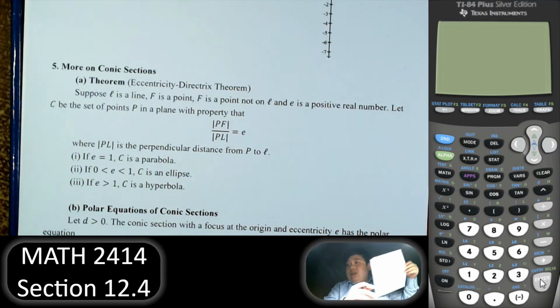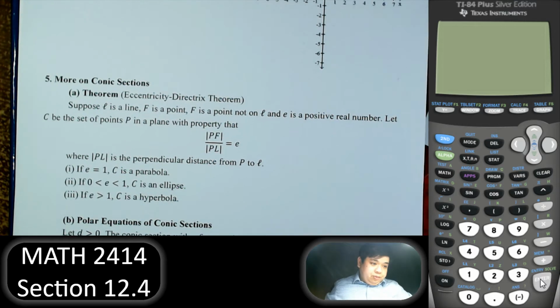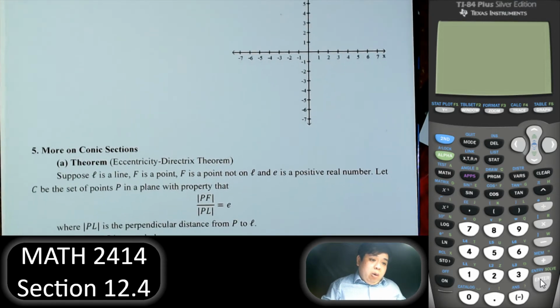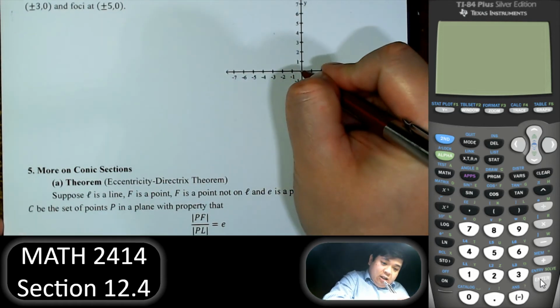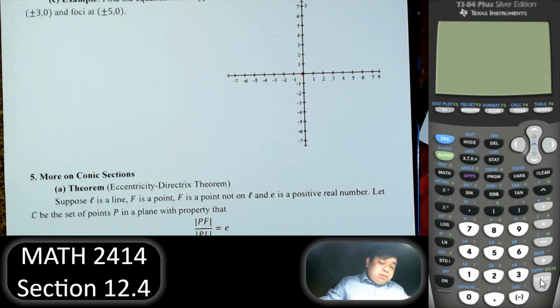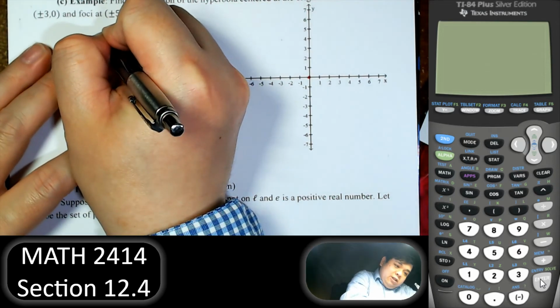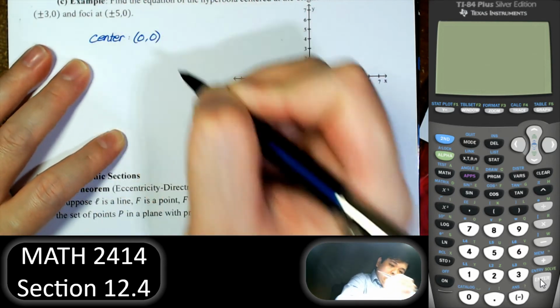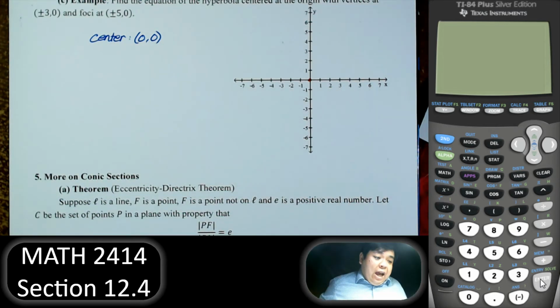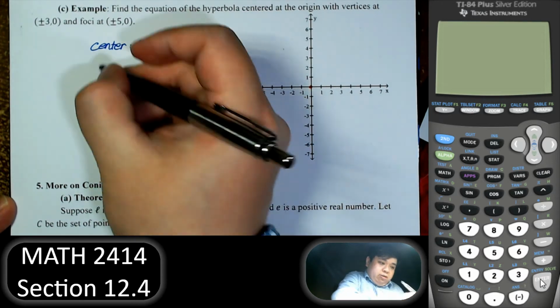Right, just one example here. Find the equation of the hyperbola with center at the origin, so the center is still 0, 0, and vertices at plus or minus 3, 0.